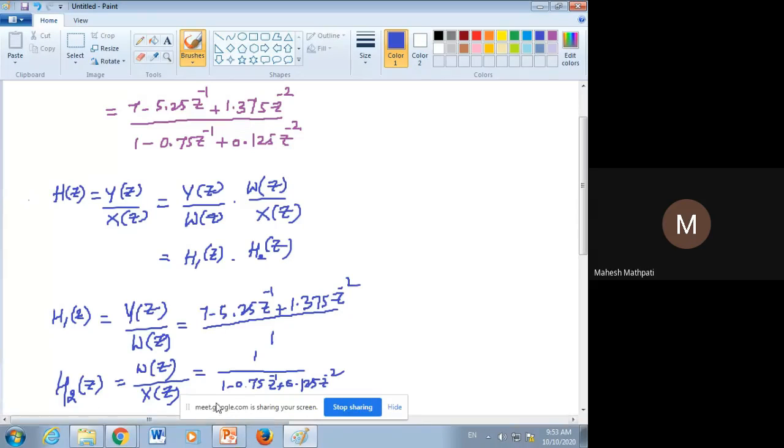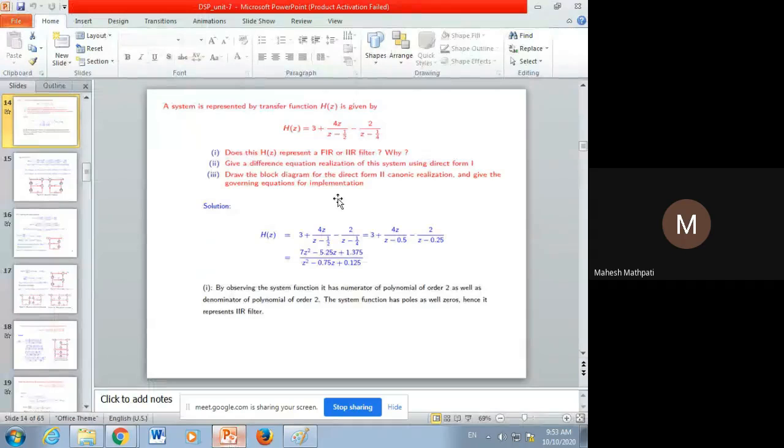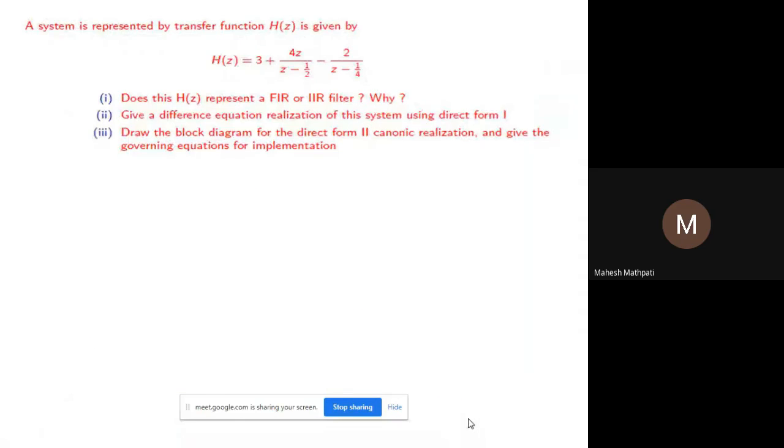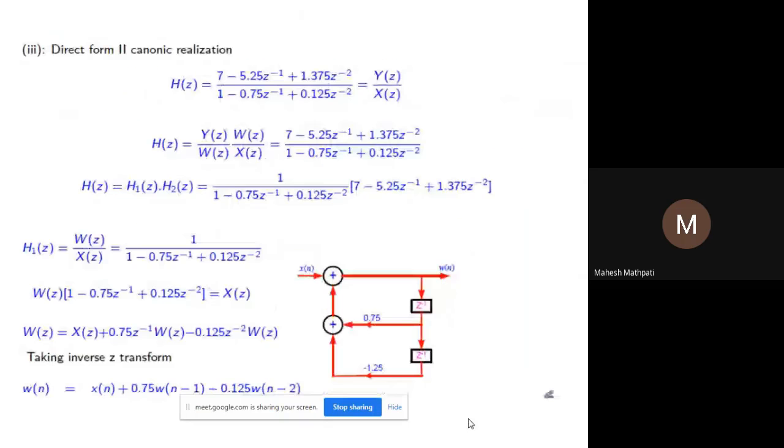So this is what was explained in the PPT also. So let us understand with that part. Okay, so this way he has taken H of z equals Y of z by W of z, or W of z by X of z, which equals H1 of z times H2 of z. So here he has taken, you can take any value, no problem.